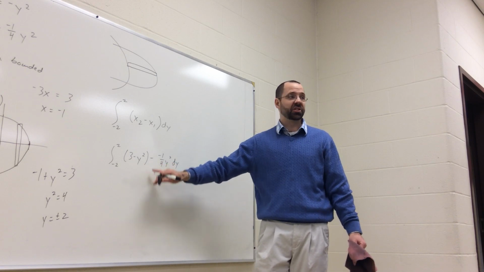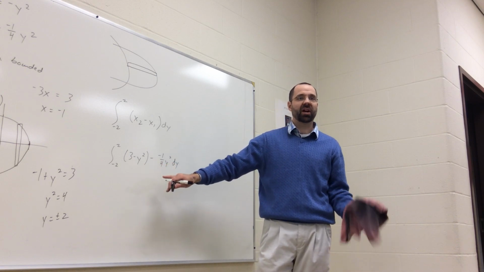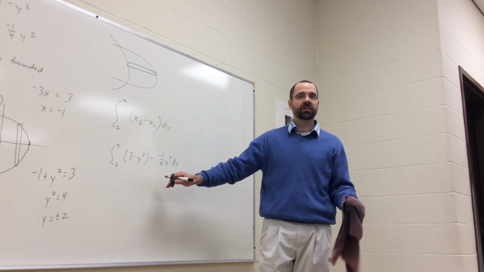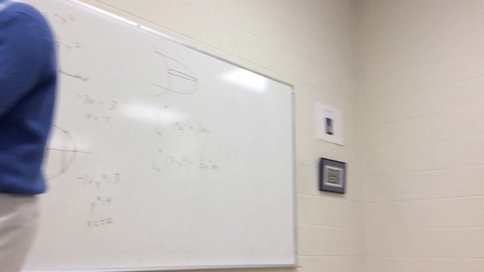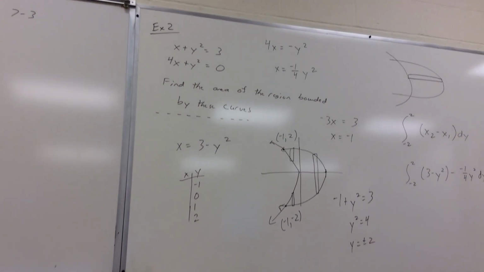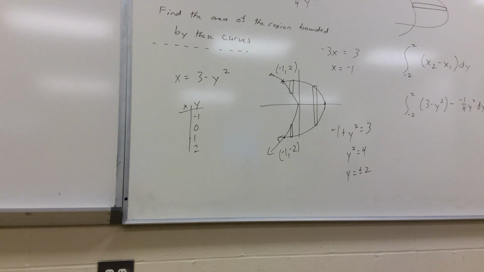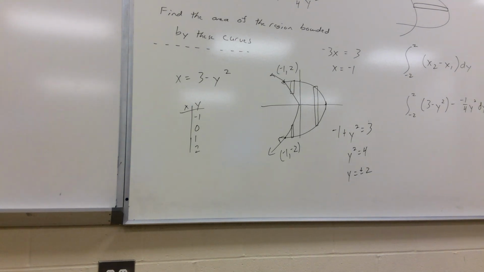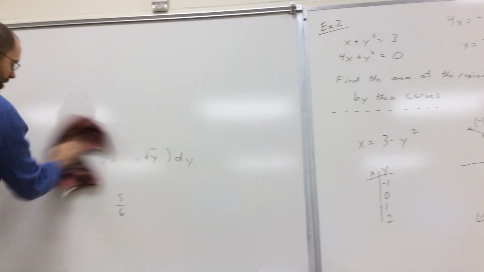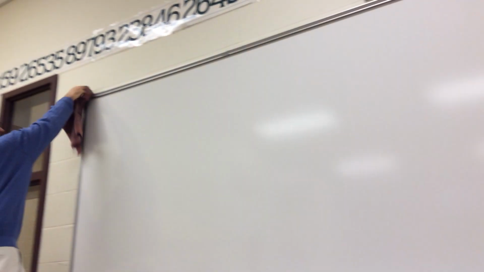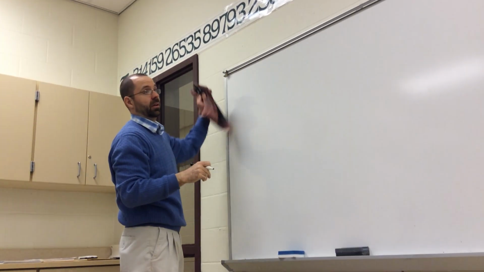I'm going to go through the whole antiderivative with this just to get some practice, but we're now at a stage where it's nothing new. It's what we've been doing for a few weeks, actually. All right, so let's see.